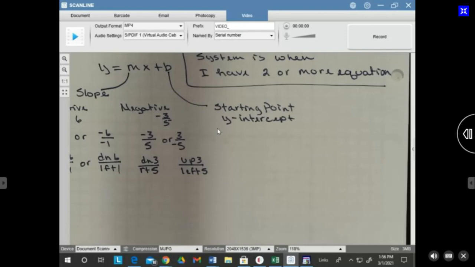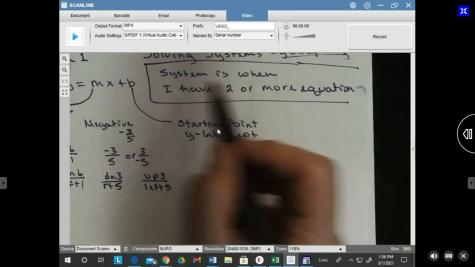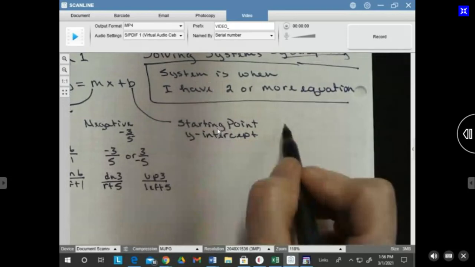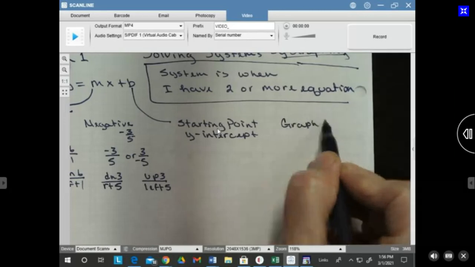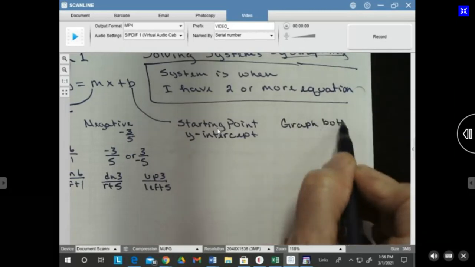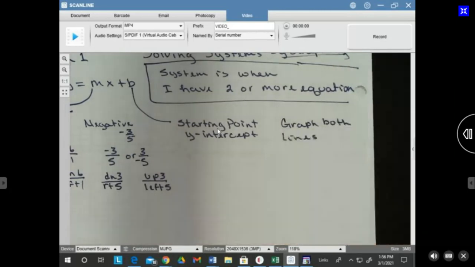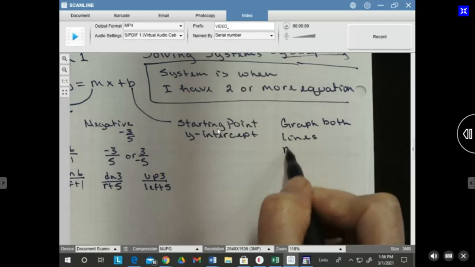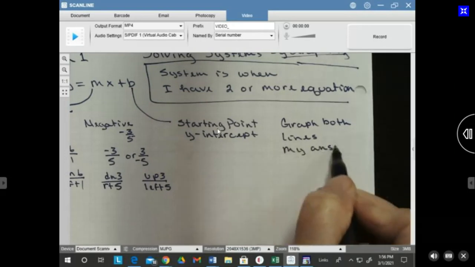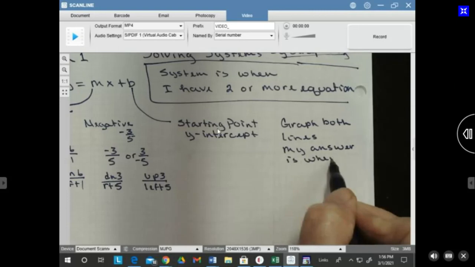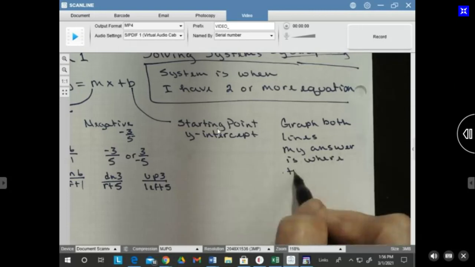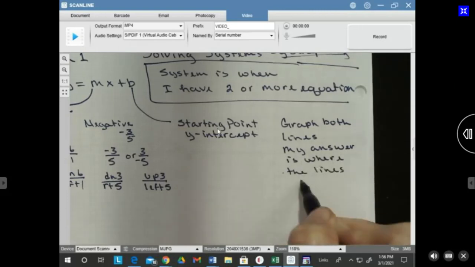All right. So if I'm going to solve a system by graphing, I'm going to graph both lines. My answer is where the lines cross. Okay?